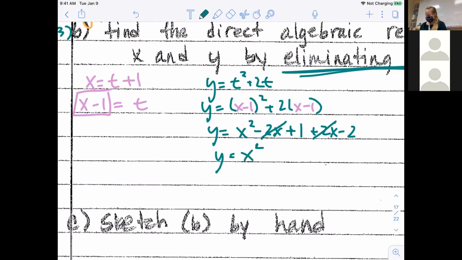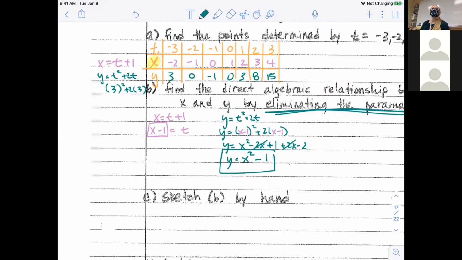And I get x squared minus 1. Okay, questions so far?